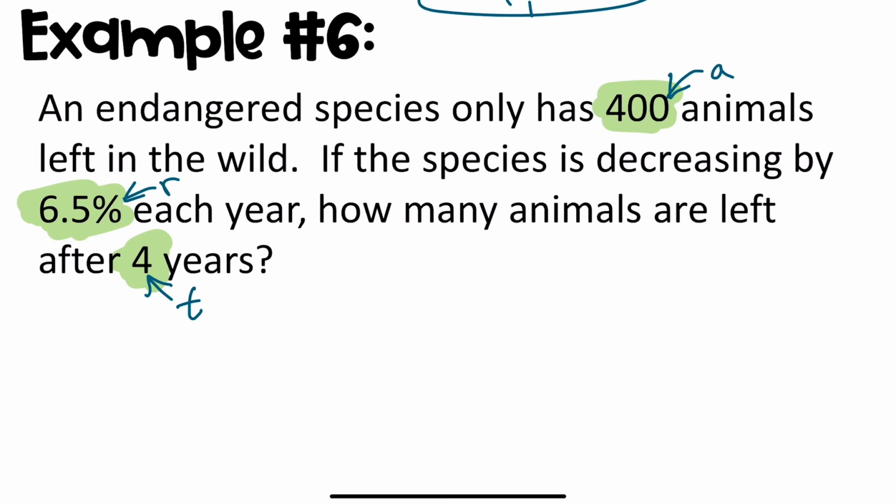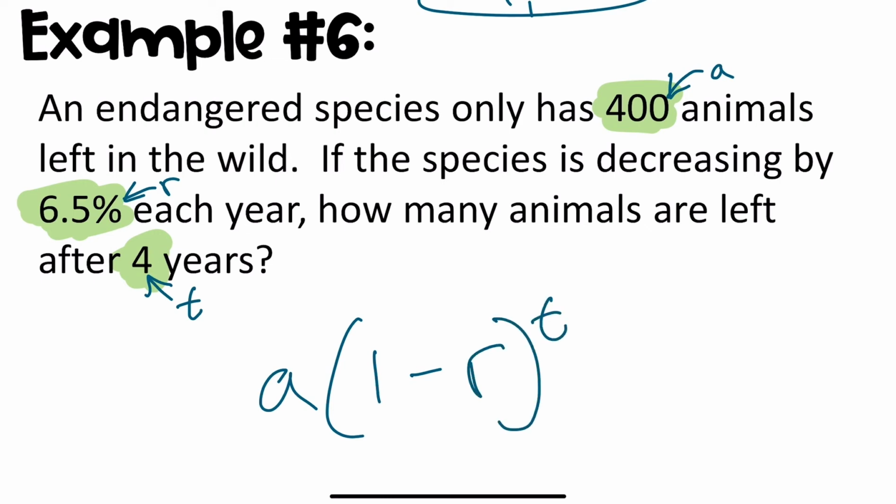All right, take my formula. I got A, parentheses, 1 minus, because it's decreasing, R to the t power. Awesome. So A is 400 according to my notes here. My R is 6.5%, but we want to change that into a decimal, so we're going to move it 1, 2.